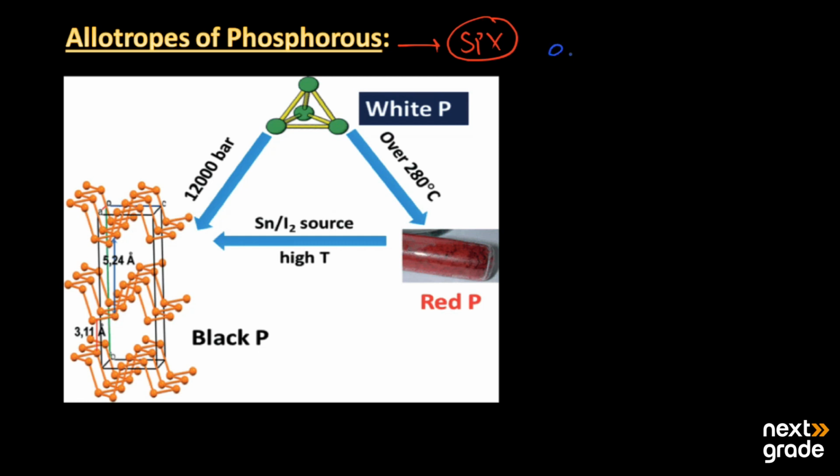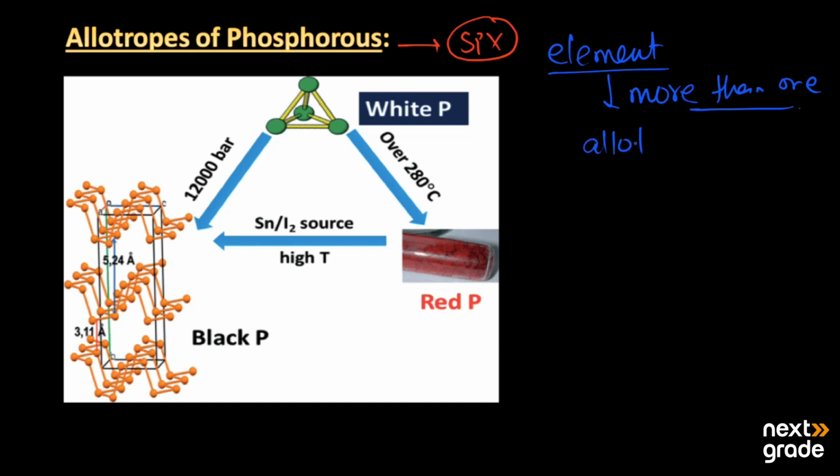When an element exists in more than one physical state, those are known as its allotropes. And in allotrope formation, just the arrangement of atoms is different.